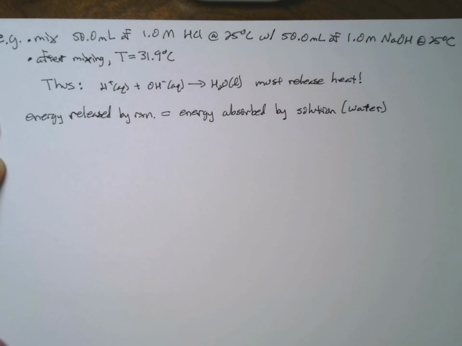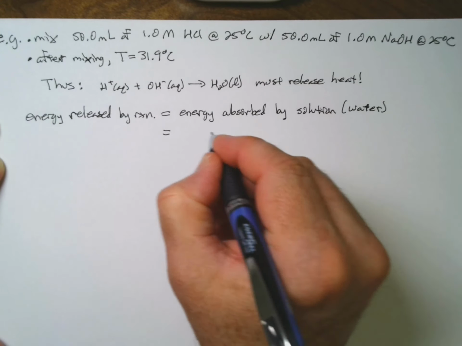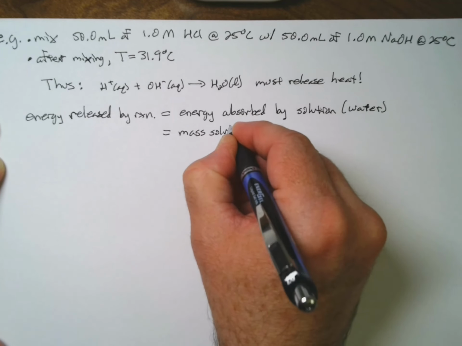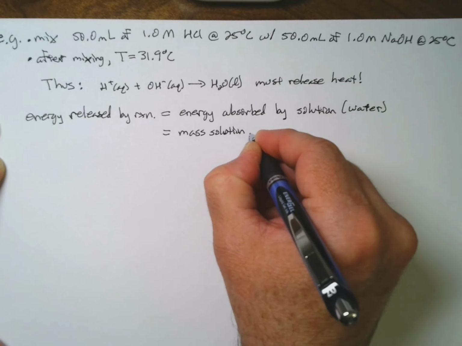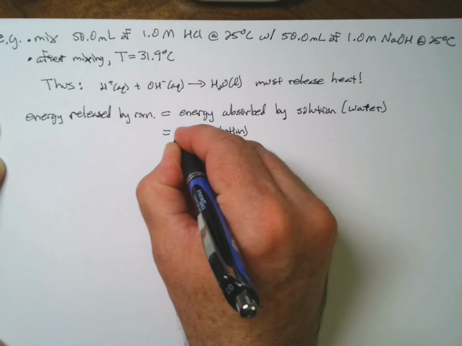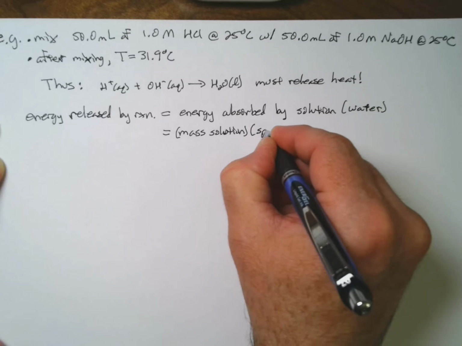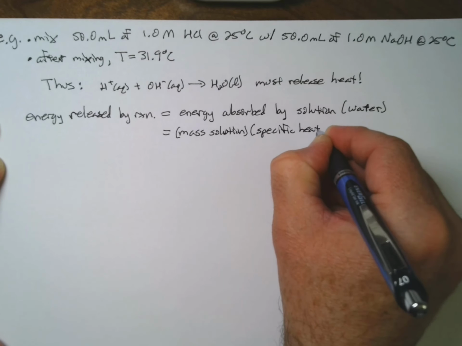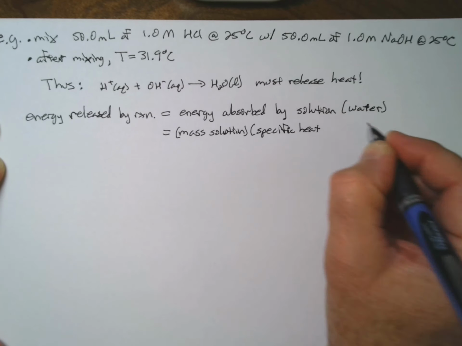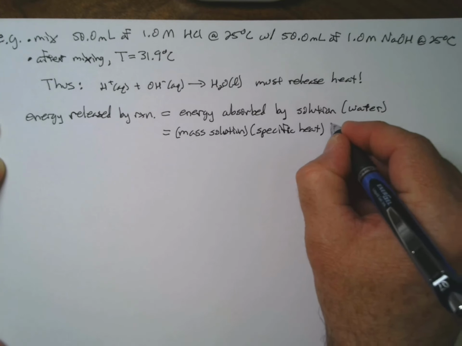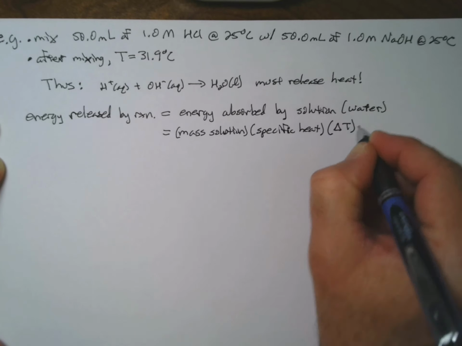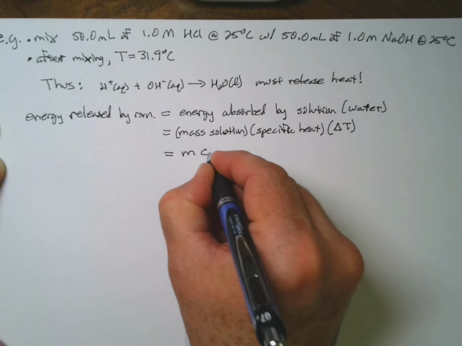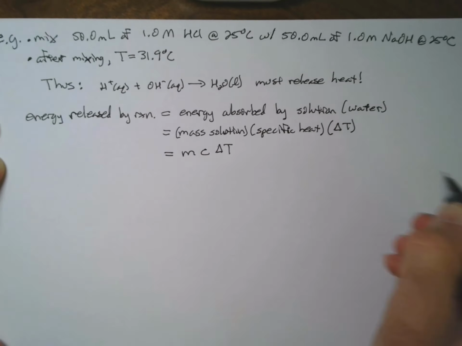So our energy released is going to equal our mass of solution, or water, times our specific heat for that solution times delta T. Or we would say MC delta T.